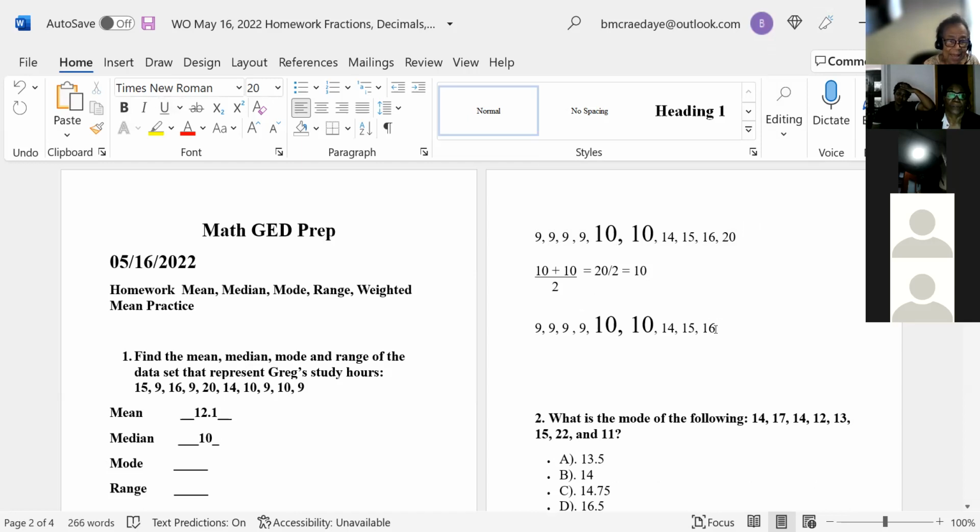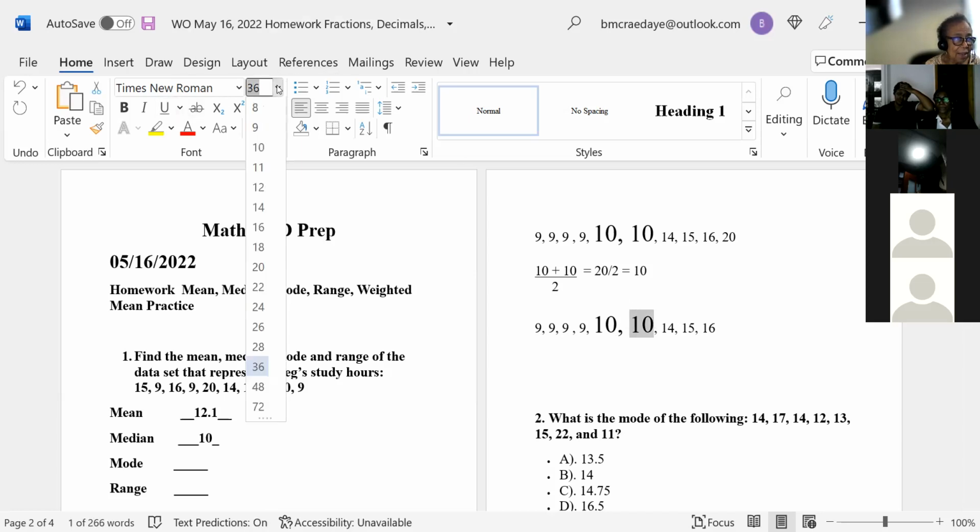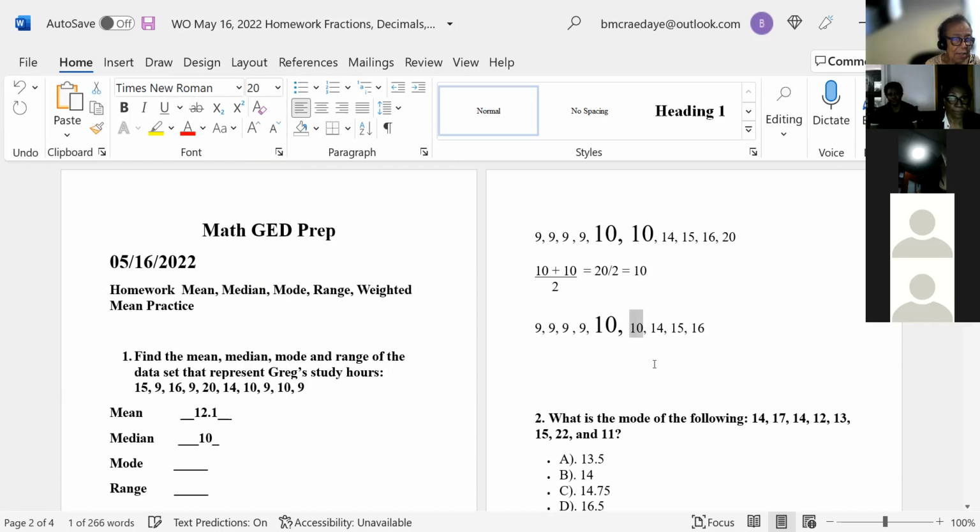So that means there are 9 numbers, right? What would be the median, Michelle? The median will still be 10. That's right, because if you had 9, you would have 4, 4, and this 10 would just be the regular middle. We'll just have 1 10 in the middle, because there's your median right there.